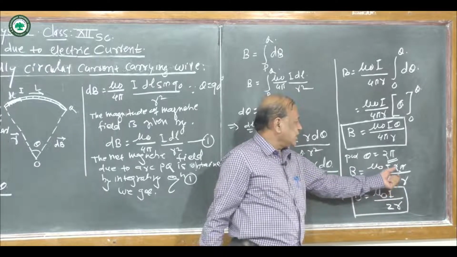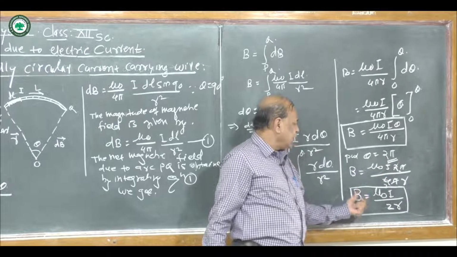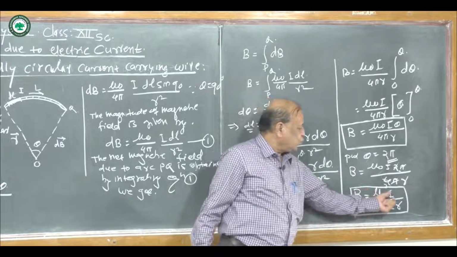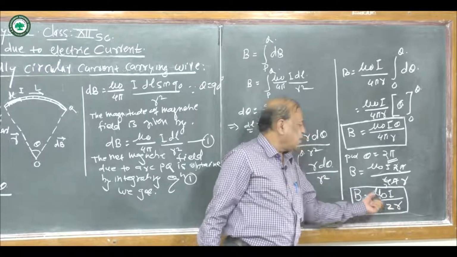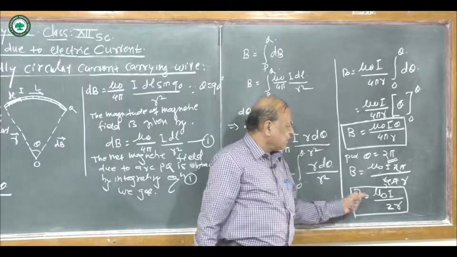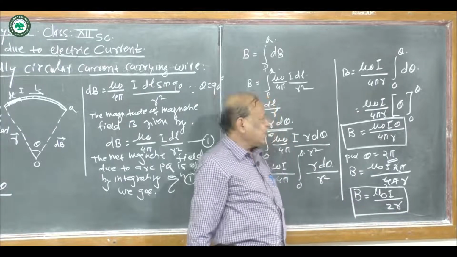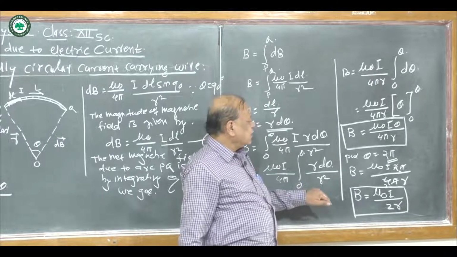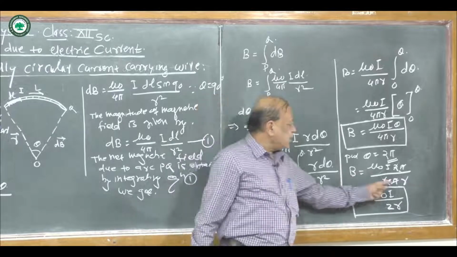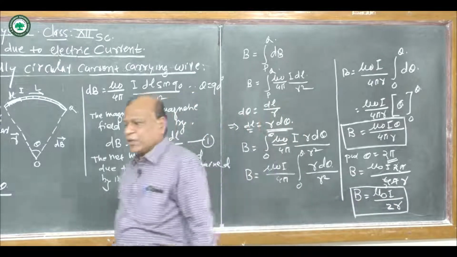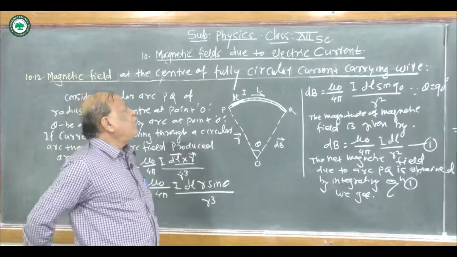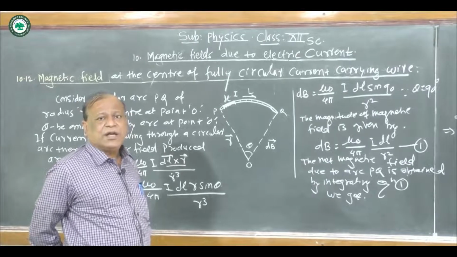Now this pi cancels, 2 cancels with this 2, and the final equation becomes B is equal to mu 0 I divided by 2 r, where I is the current flowing through the circular coil, r is the radius of the circular wire, and mu 0 is the permeability constant. Putting these values, we can calculate the magnetic field at the center of a fully circular current carrying coil.